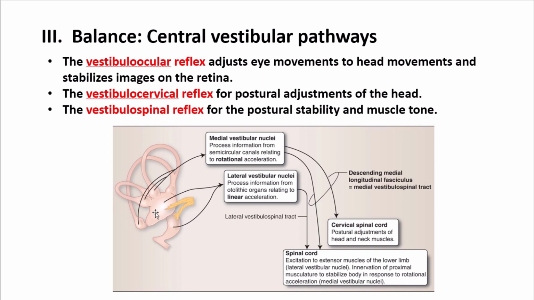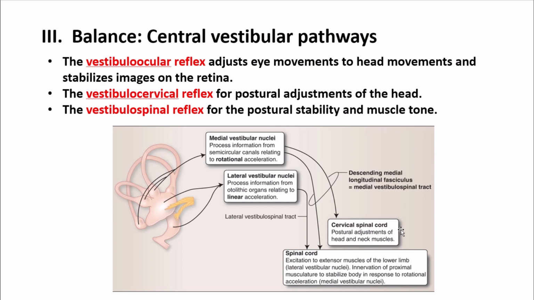So you have these vestibular nuclei. There are two of them: one is the medial one and the other one is the lateral one. The medial one is important for processing information for rotational acceleration, getting information from the semicircular canals. Some of them are going to the muscles in the neck area, and some other ones are going all the way down to the torso and the girdle area.